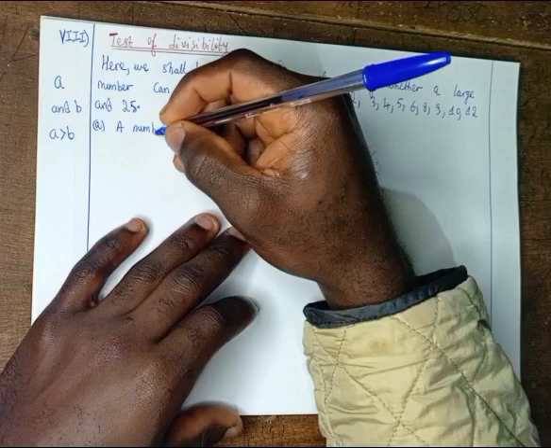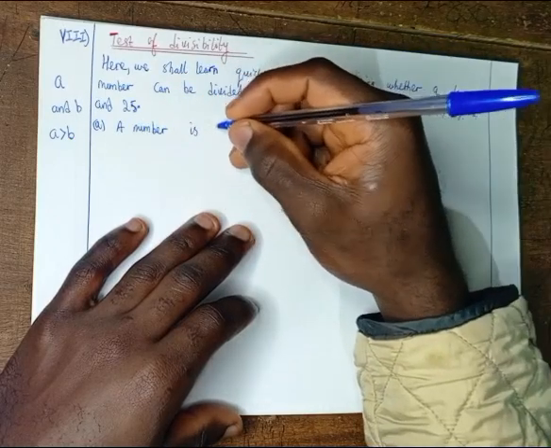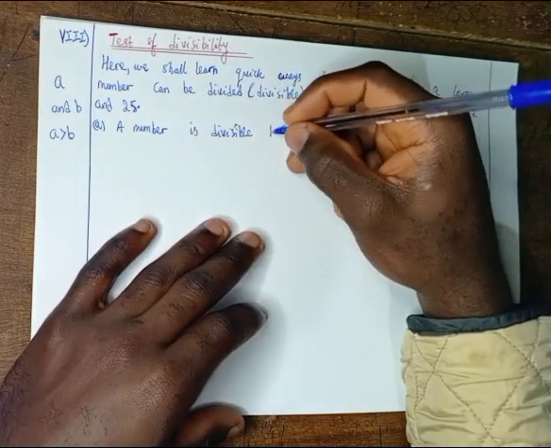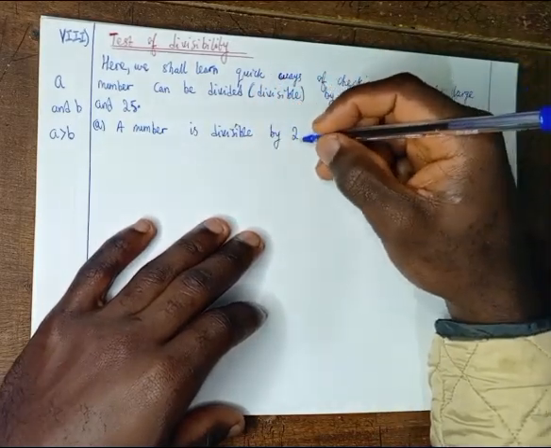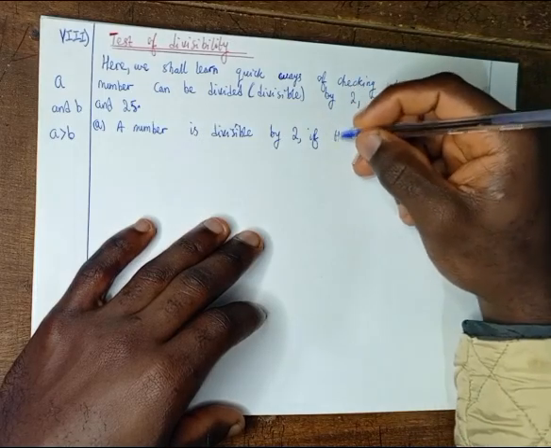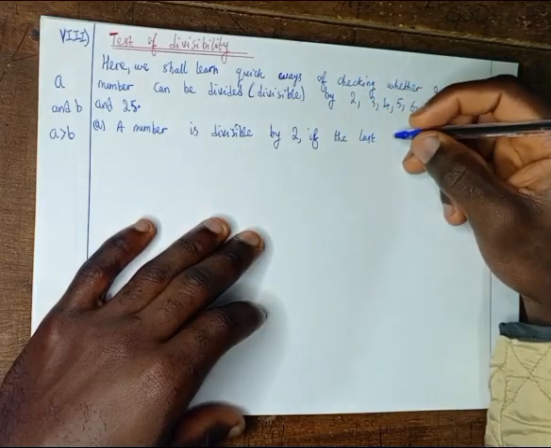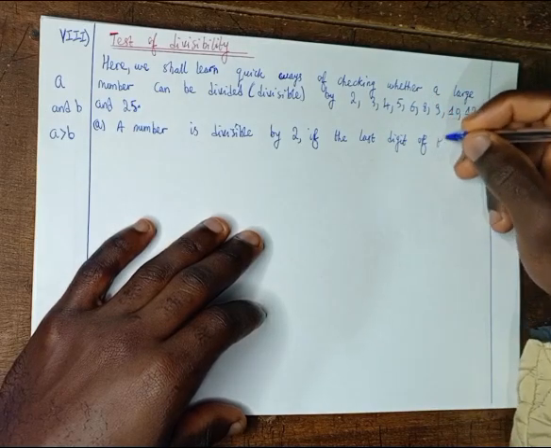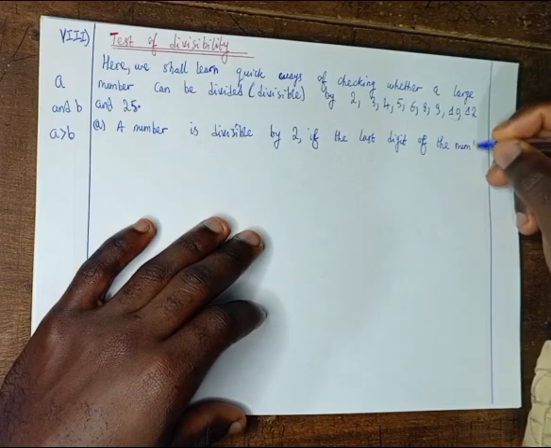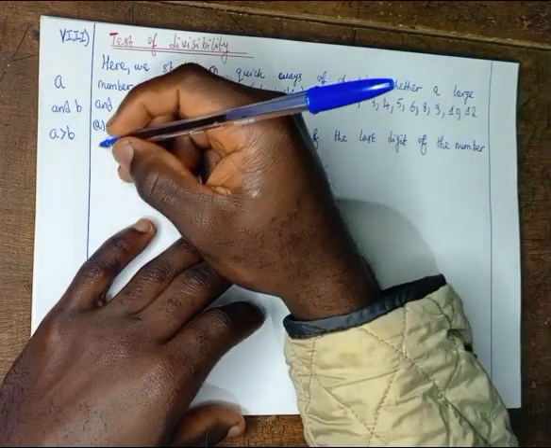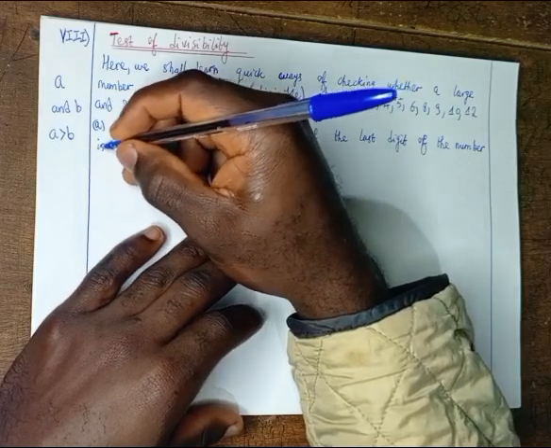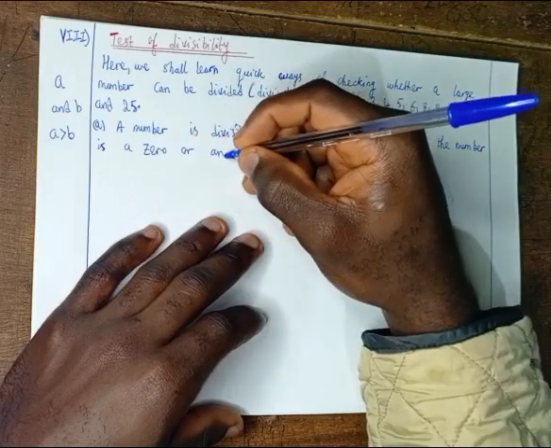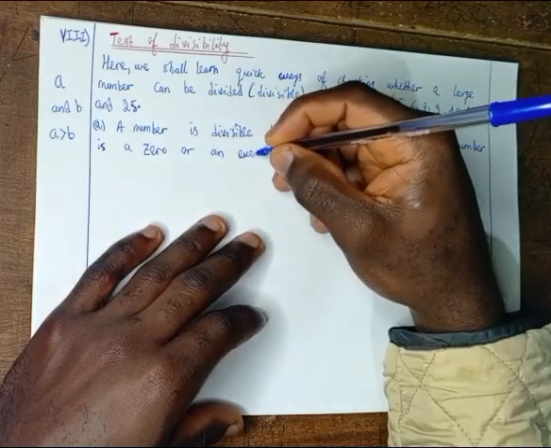The number is divisible by 2 if the last digit of the number is a 0 or an even number.